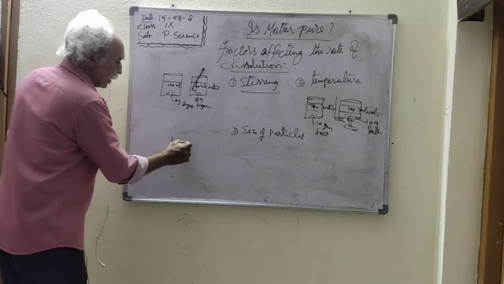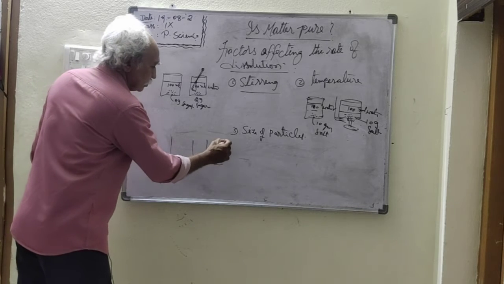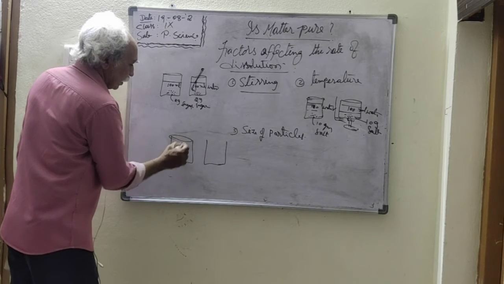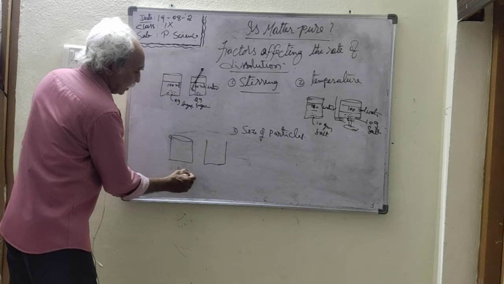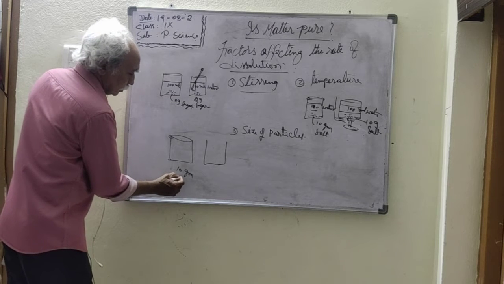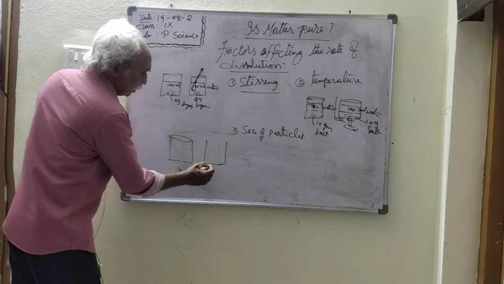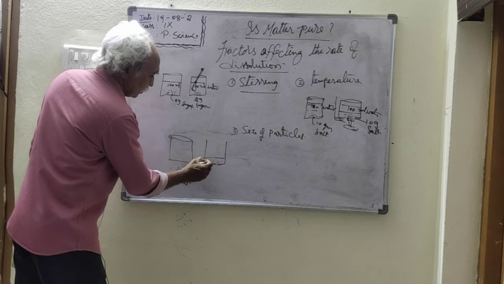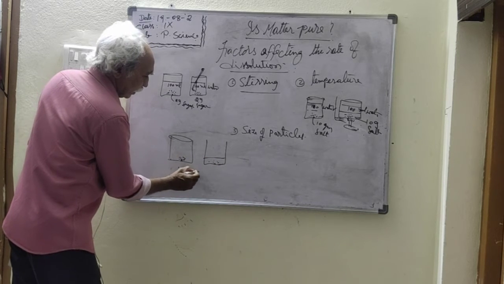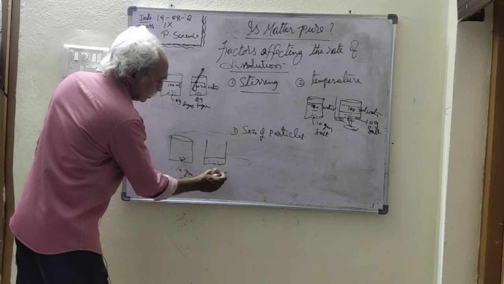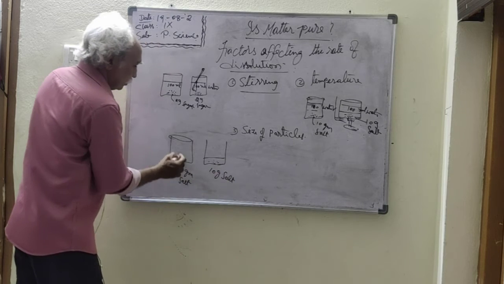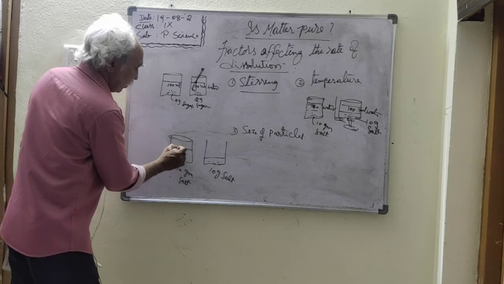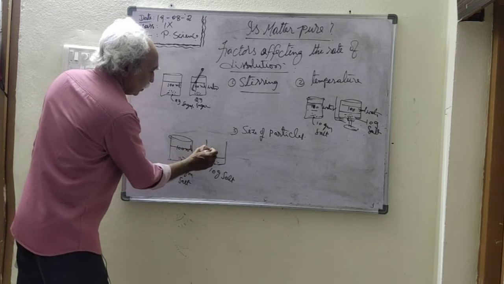Now take two beakers. In one beaker, 10 gram salt. Here also 10 gram salt. Here 100 ml water, here also 100 ml water.